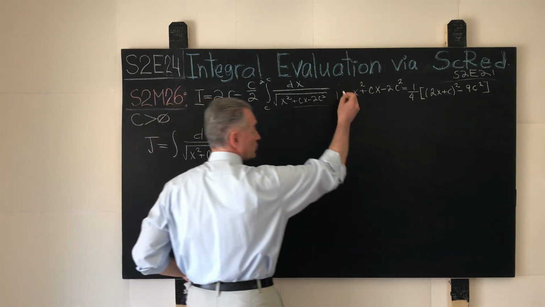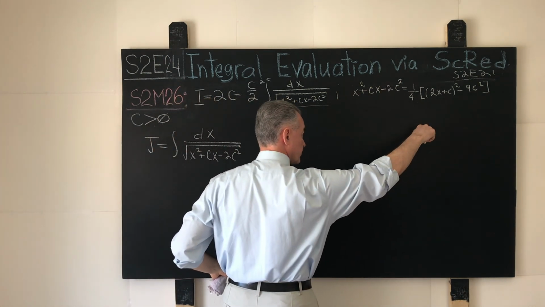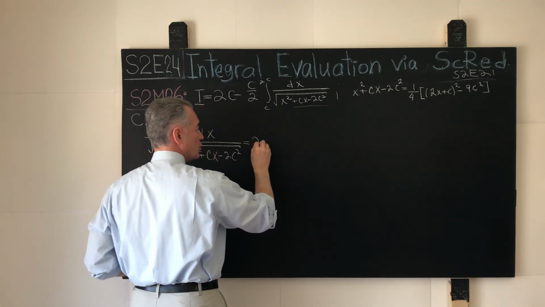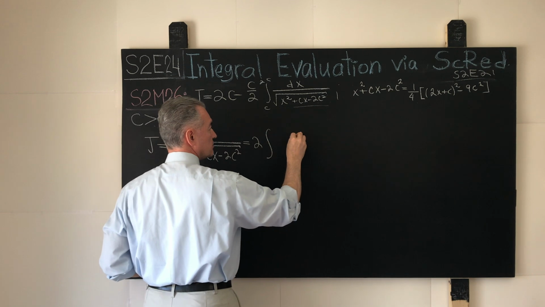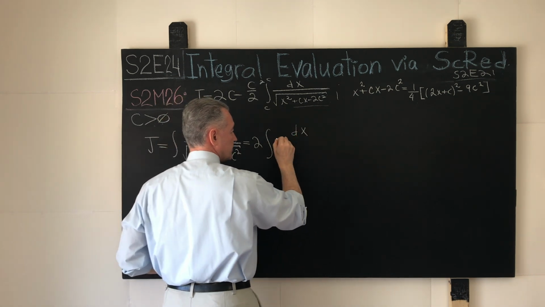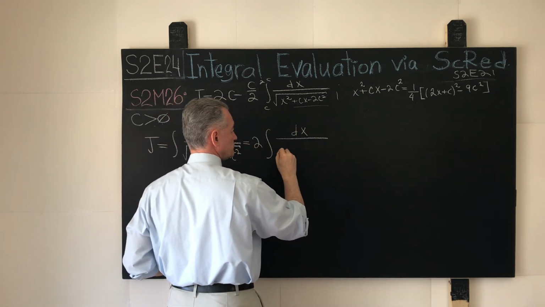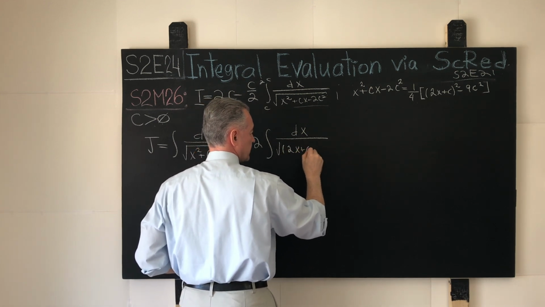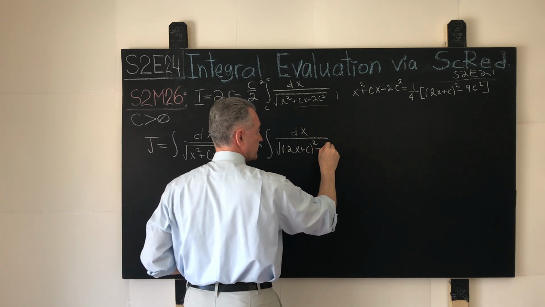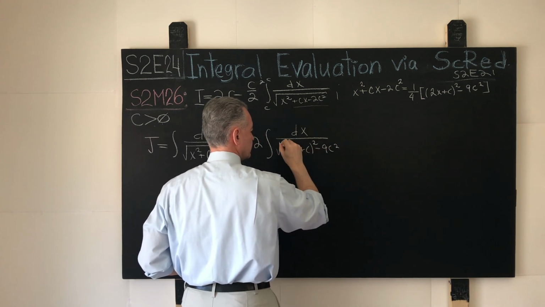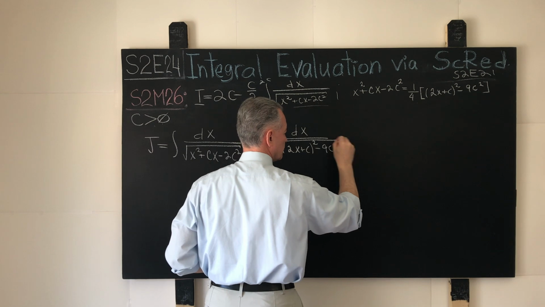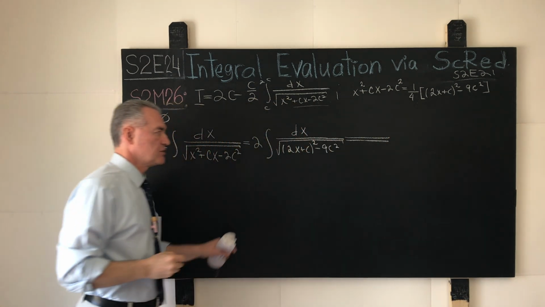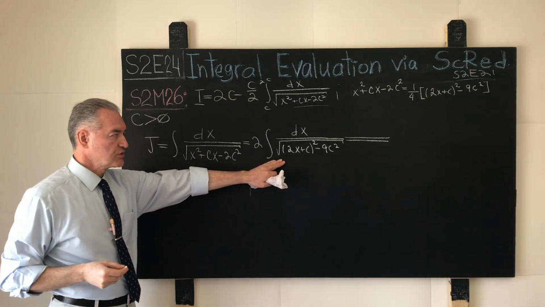Now, when we take the square root of all this mess and flip it into the denominator, what will we have? We will have two integrals dx over what? Over the square root of (2x plus c) squared minus 9c squared. This will be a square root. And what will we do over here? What is the next maneuver? The next maneuver is quite straightforward.